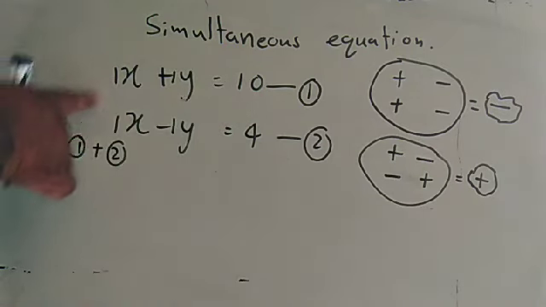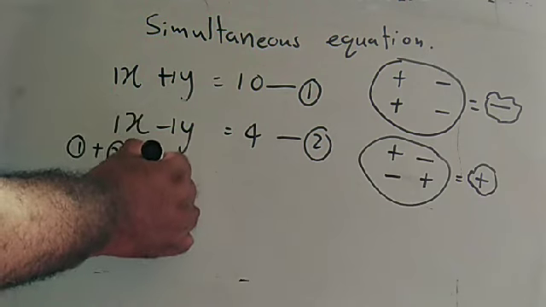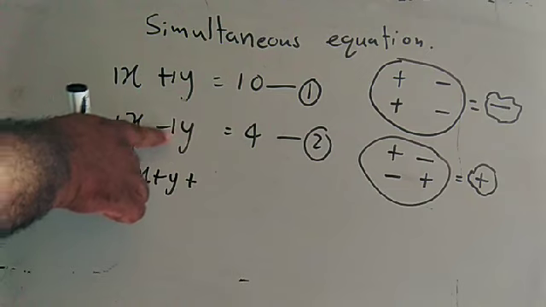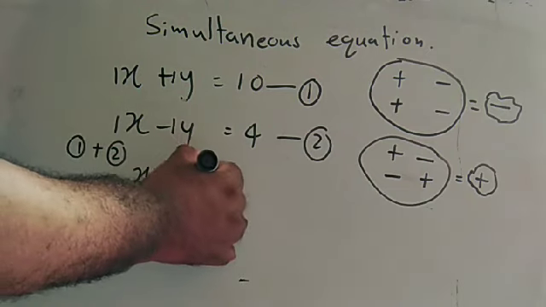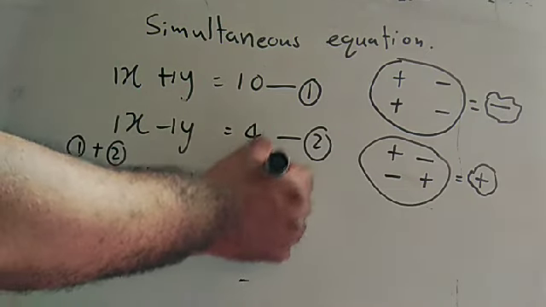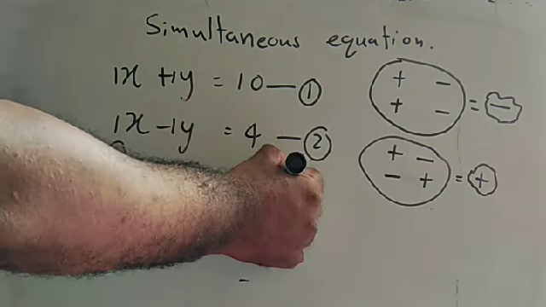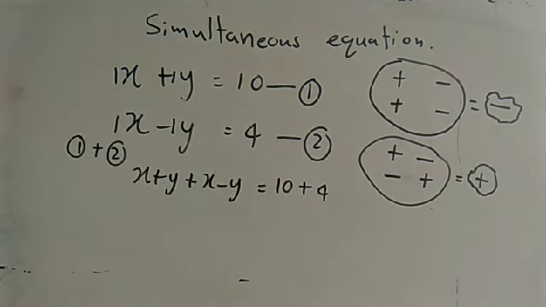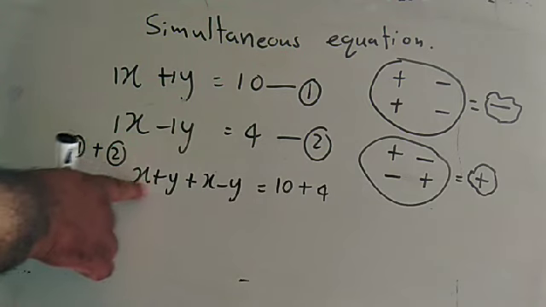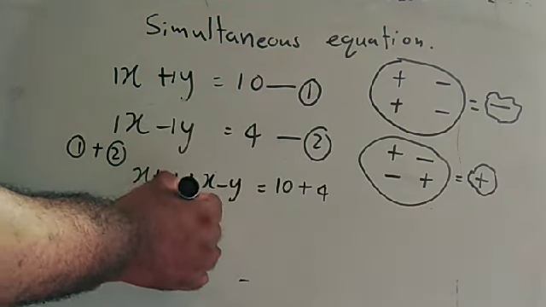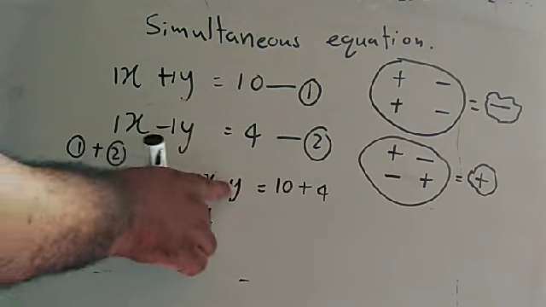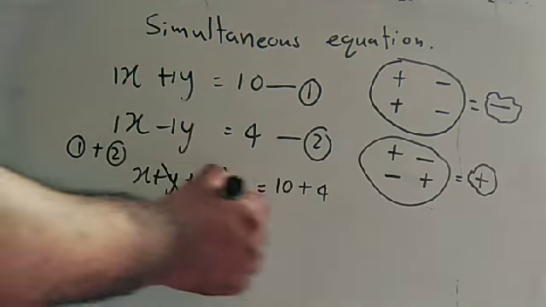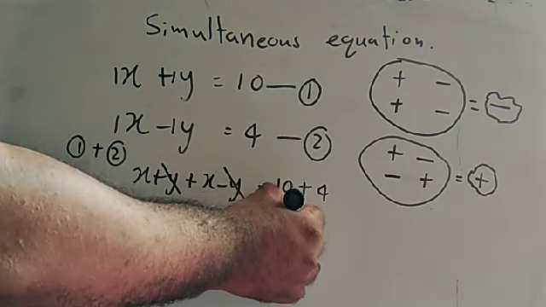Now in the first equation, left hand side x plus y, plus the second equation left hand side x minus y, is equal, now the right hand side 10 plus 4, here add. Then you can see plus x and plus x are like terms. Plus x and plus x make 2x, plus y and minus y cancel, then 2x remains, and 10 plus 4 is 14.